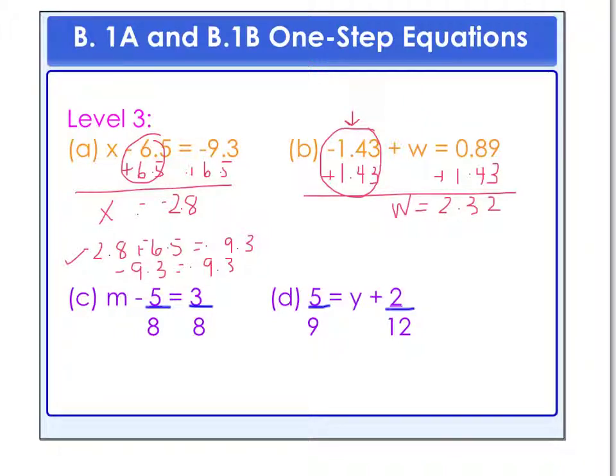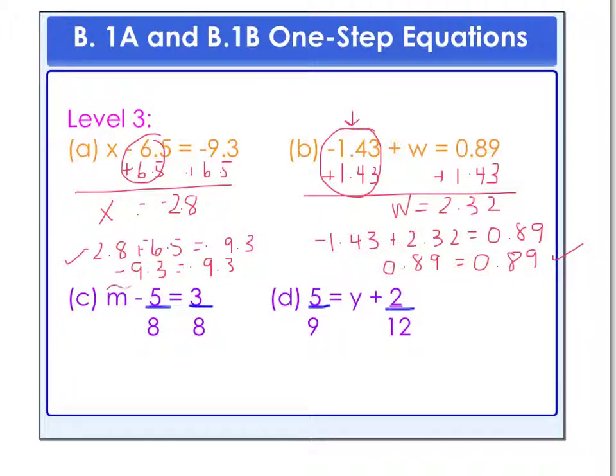So I'm going to check, does negative 1.43 plus 2.32 equal 0.89? I check negative 1.43 plus 2.32, and I get 0.89. So we know we have the right answer. The next problem, we have m minus 5/8 equals 3/8.